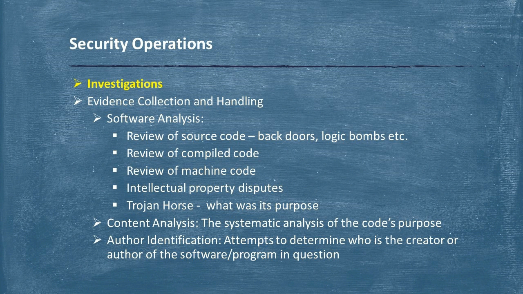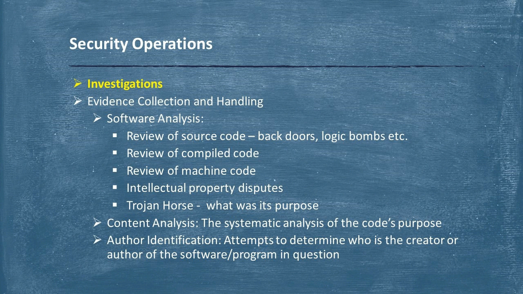Intellectual property disputes. Trojan horse, what's its purpose? Trojan horse is another type of malware. As you know, we have referred to this several times during the course. This is illegal code that sits in between the legal code, and it downloads itself and then starts executing.